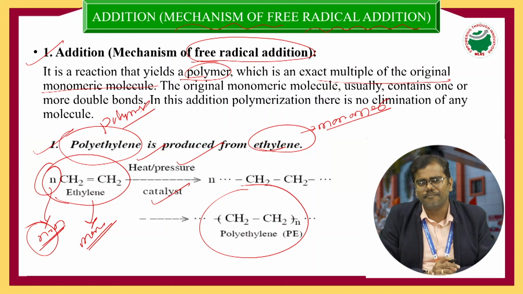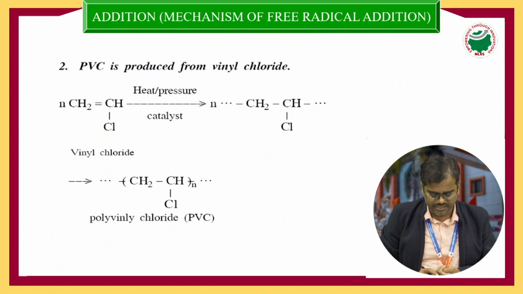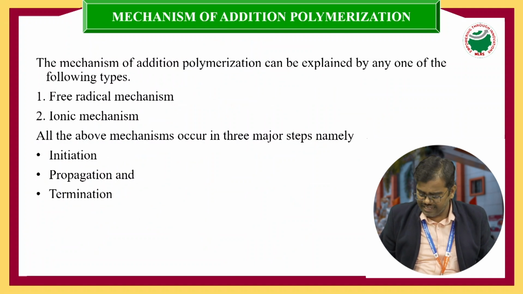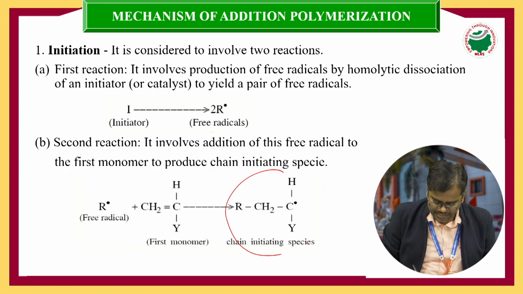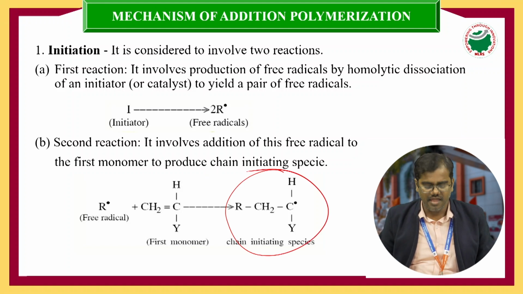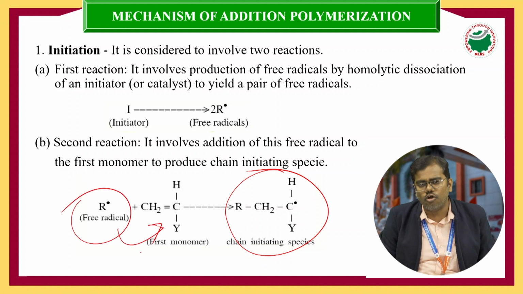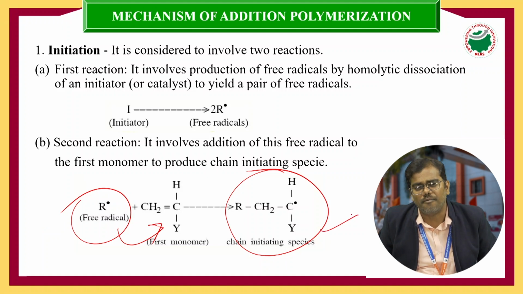Then what will happen? A chain initiating species will be formed. If you add these free radicals to the starting material, that is the monomer, a chain initiating species is formed.